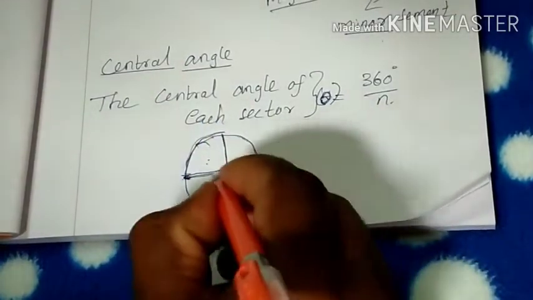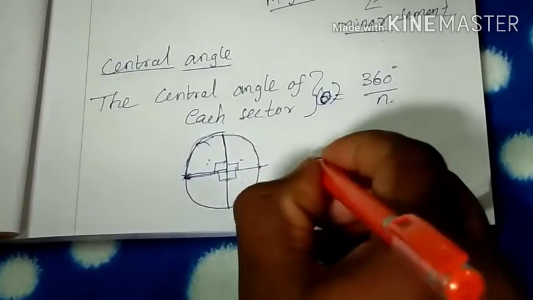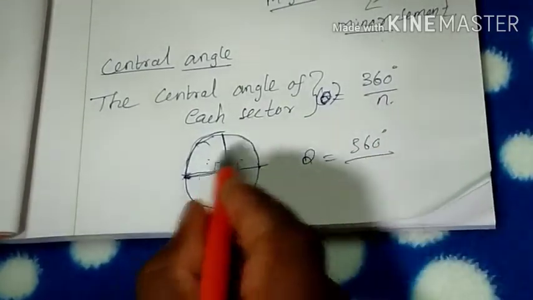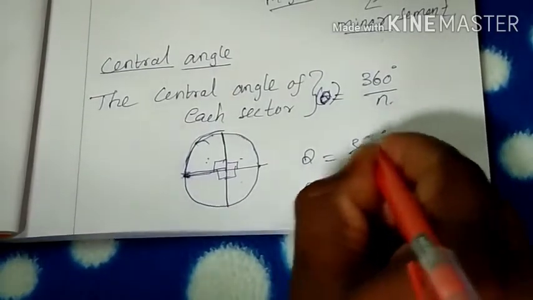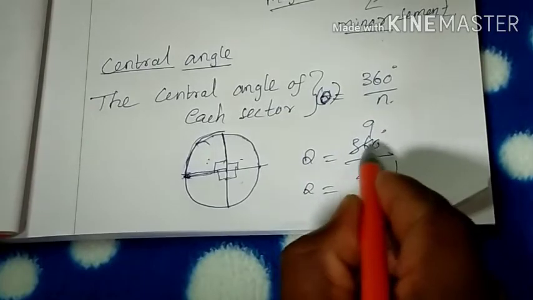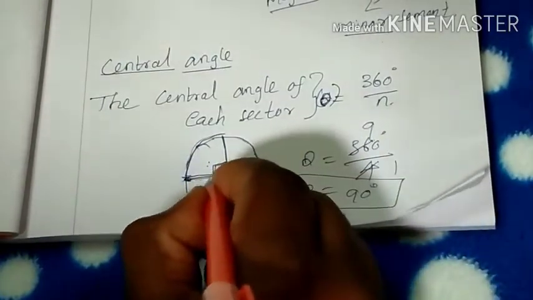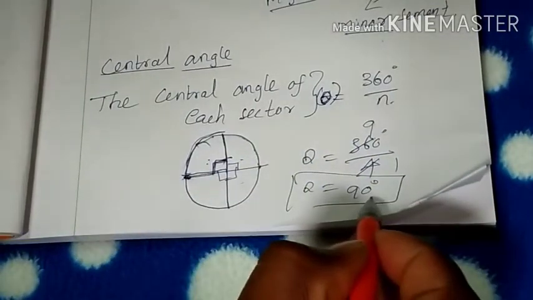What is the central angle of each? Theta is equal to 360 divided by n, where n is 4. So theta is 90 degrees. The central angle of a quadrant is 90 degrees.